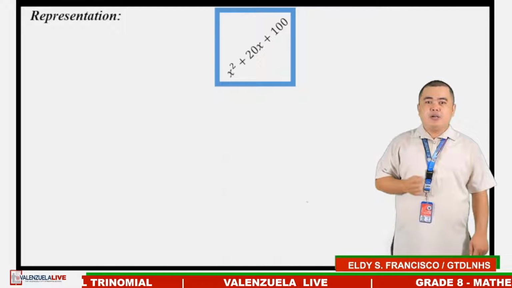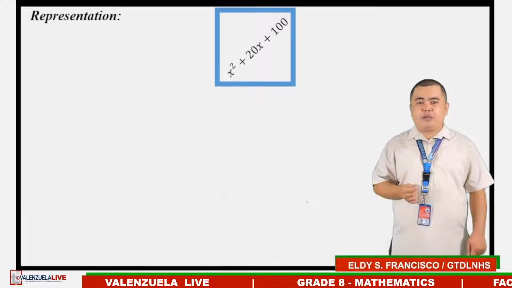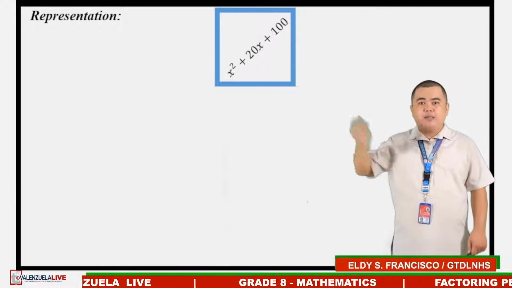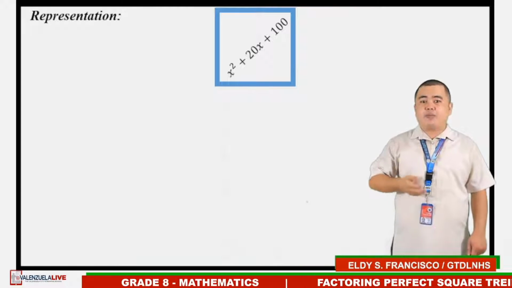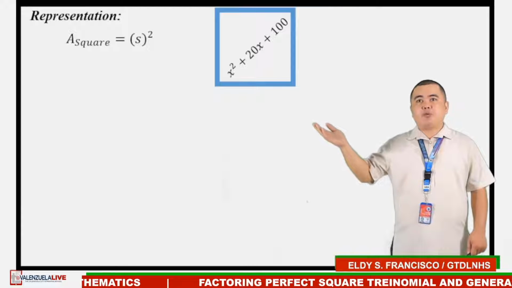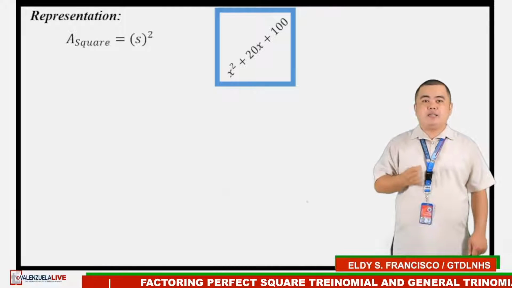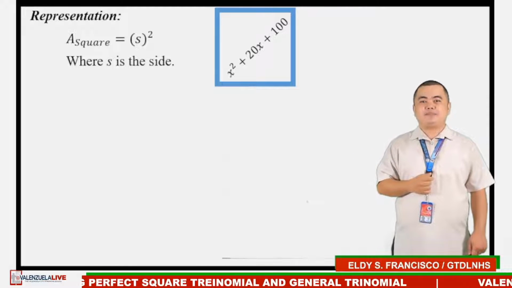Let us have now the representation. Because we are talking about the square and we have the given area, obviously, our representation is the formula of the area of the square, which is area of the square equals s squared, where s is the side.